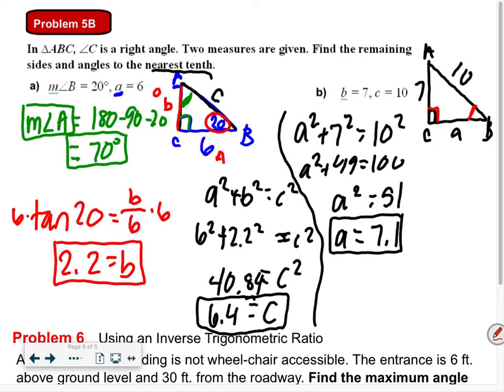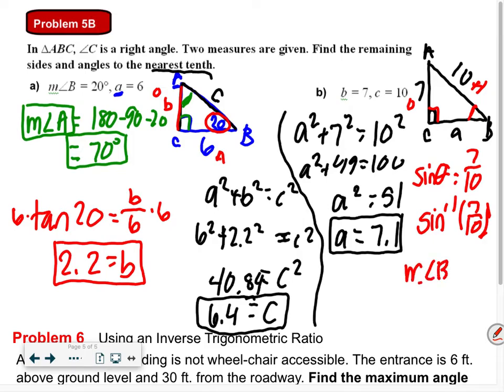So when I look at angle B, what's given is 7, which is opposite, and 10, which is hypotenuse. That is sine. So the sine of my angle is 7 over 10. Again, to find angle measures, you're using that inverse thing. So the inverse of my fraction, put that in my calculator, and I should get 44.4 degrees for my angle B. And then to find A, again, triangles add up to 180.